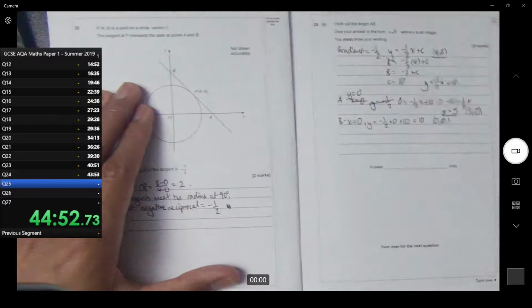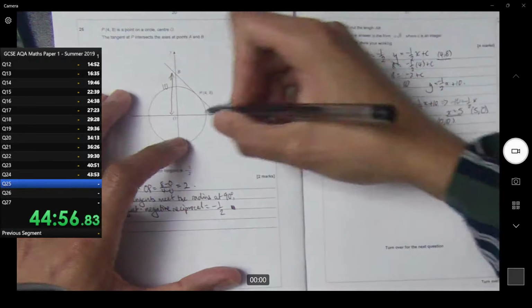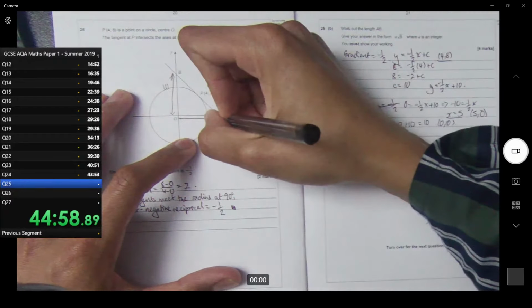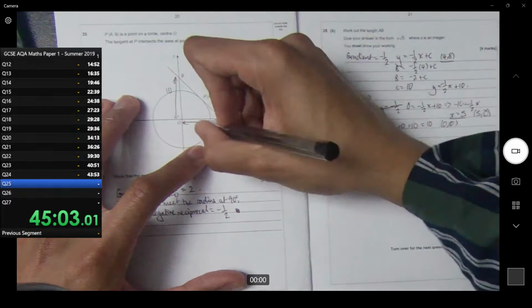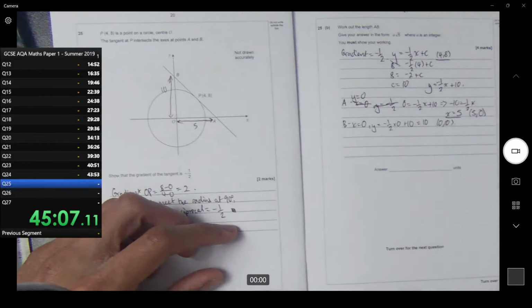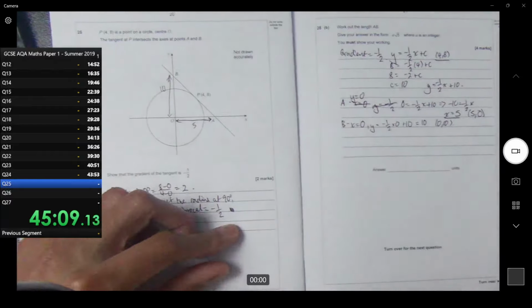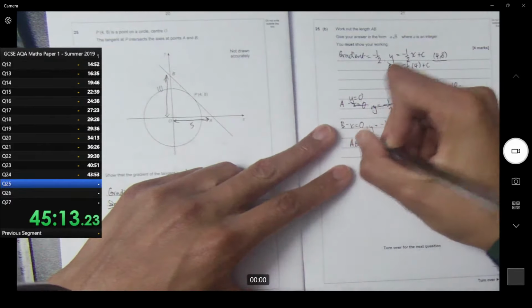Right, so that height here is going to be 10. And this here, from 0 to 5, that's 5. So if we do the length of AB, that's going to be Pythagoras.